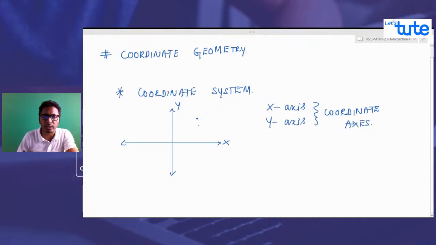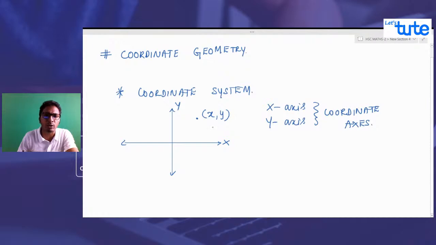us say this point, any point is positioned with respect to x and y, and therefore the address, or location, of that point is given with respect to the x-axis and y-axis.